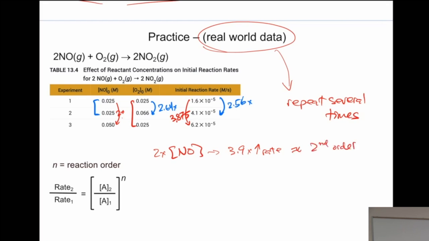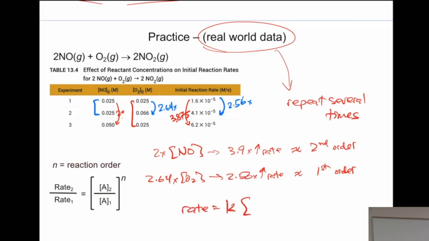And when we go by 2.64-fold of O2, the rate goes up by 2.56-fold. And that's approximately first order. So we would approximate this then to be the rate is equal to the proportionality constant times O2 raised to the first power times NO raised to the second power, third order overall.